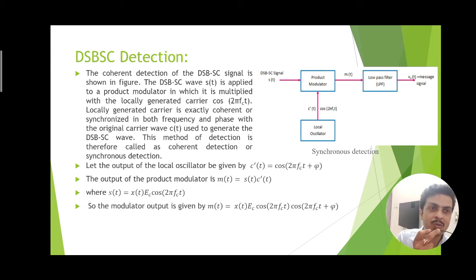But sometimes in practical situations, the local oscillator carrier frequency is not properly matched to the incoming modulated carrier, so a small phase difference appears at the demodulated output. If the phase term is scaled to unity, then the output will be proportional to the actual message.